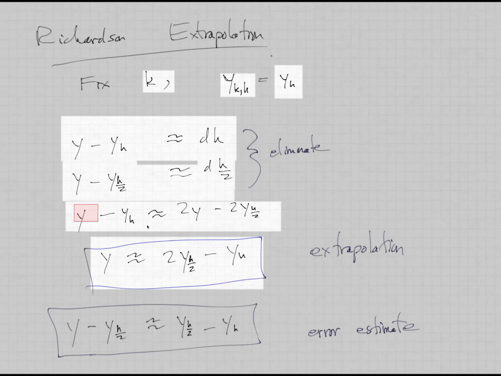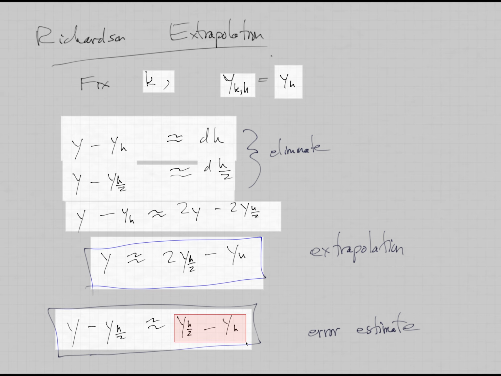Another useful way to solve this equation is to get a reasonably accurate estimate of the current error using h over 2. And very simple, it says that the error in the estimate using h over 2 is approximately equal to the difference between the previous approximation and the new one, right?